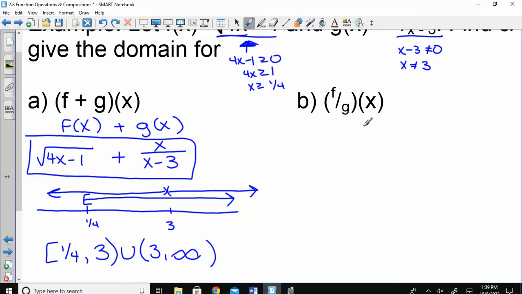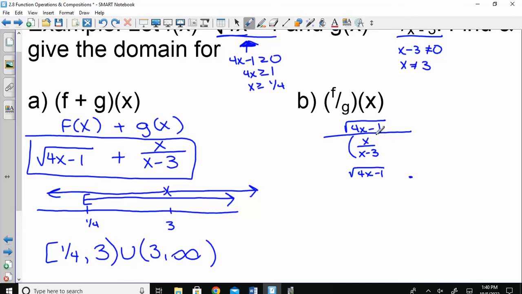Alright. Let's look at the division. So f divided by g. f is the square root of 4x minus 1. g is x over x minus 3. Do we leave a fraction in a fraction? How do you get it out? Flip and multiply, yeah.